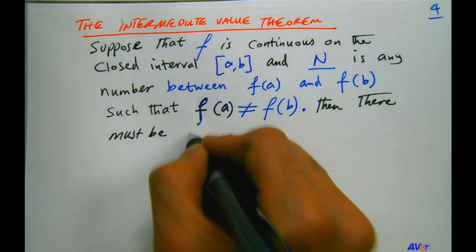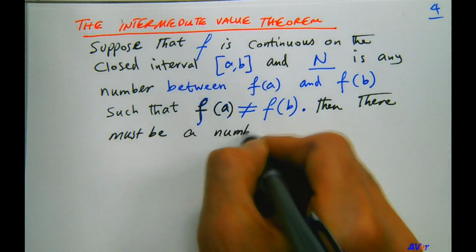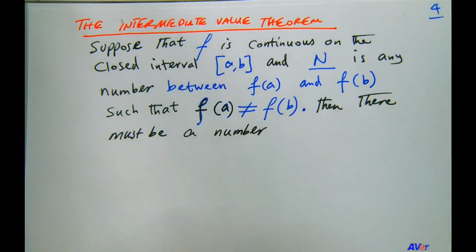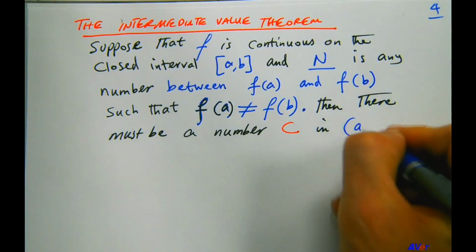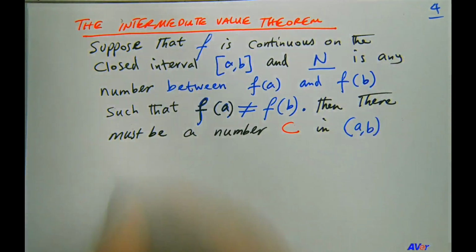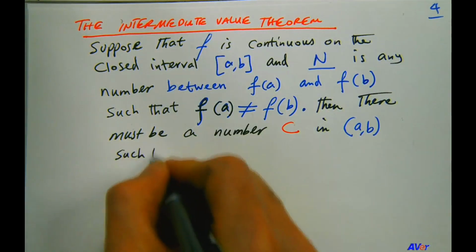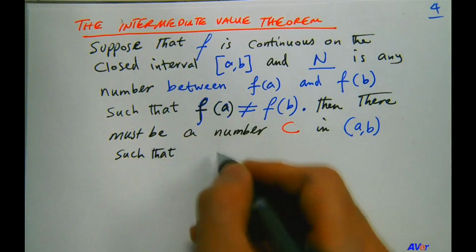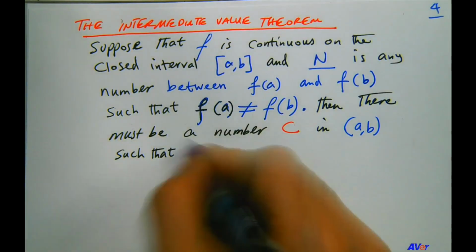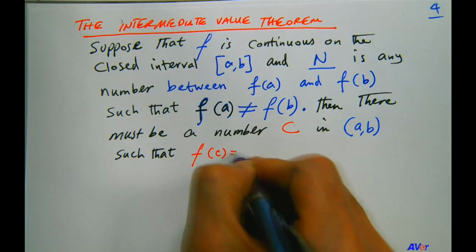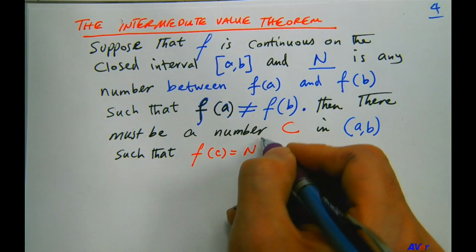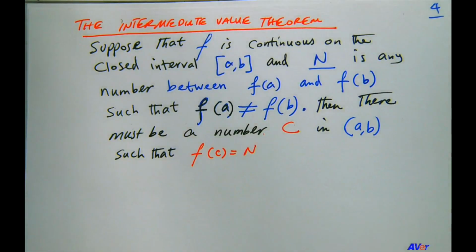Then there must be a number c in the open interval a, b such that f of c is equal to n. Okay. So let's draw a graph for this as well.